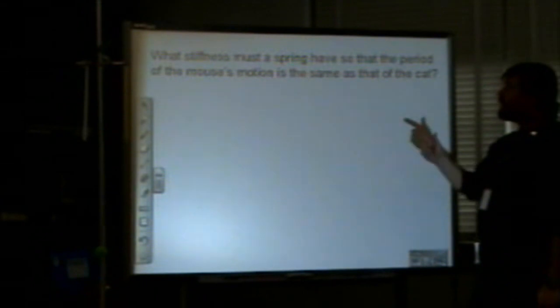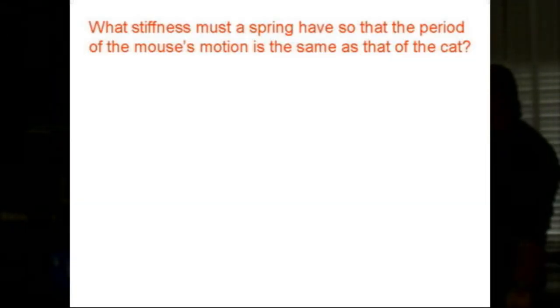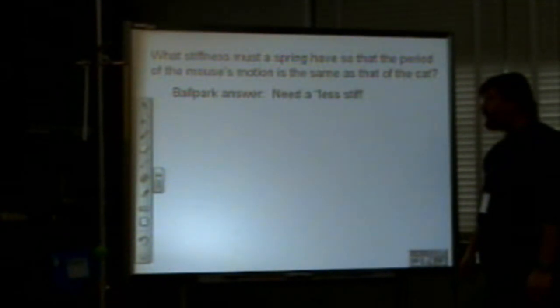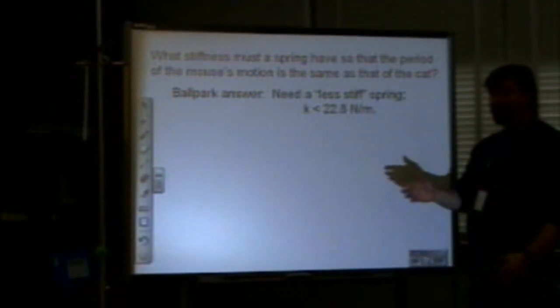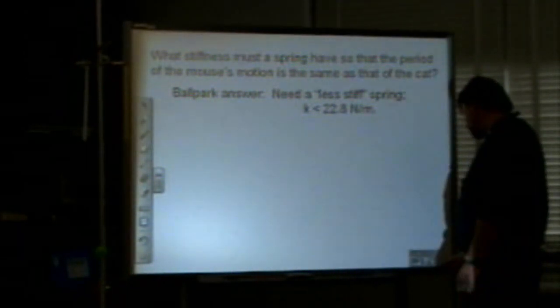All right, what stiffness must the spring have so that the period of the mouse's motion is the same as the cat's? If we were just to guess, we would see that you would need a less stiff spring with a spring constant less than 22.8.